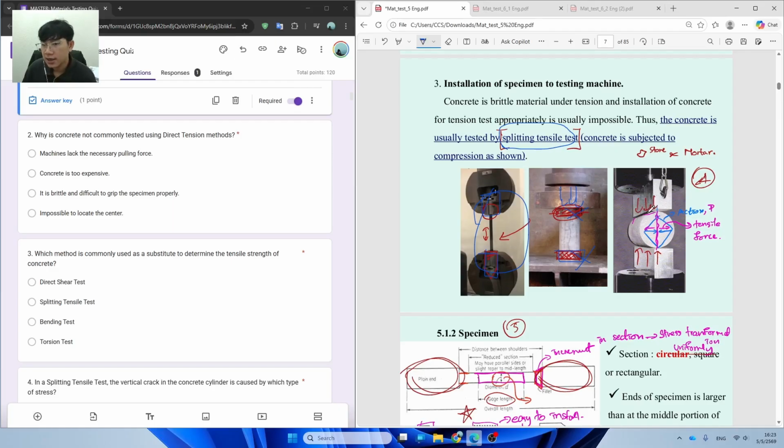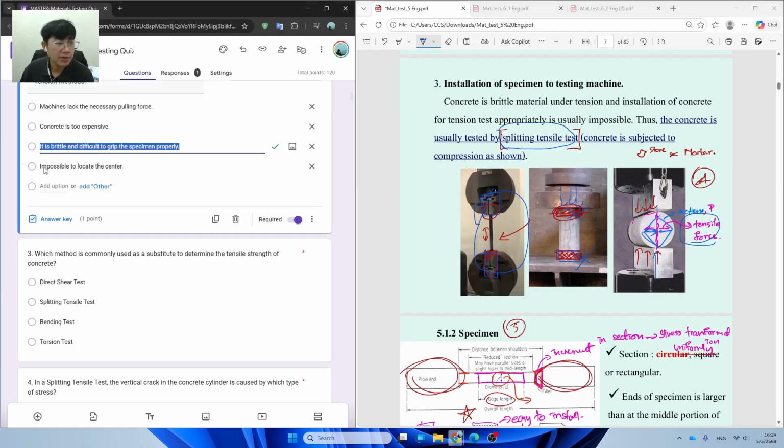The hydraulic is going to press, and the force is going to transfer into the concrete, and the concrete is going to react by tensile force. Because the concrete is brittle and difficult to grip, we are not going to test by direct tensile compared to the steel.